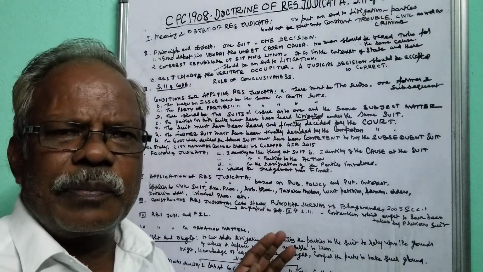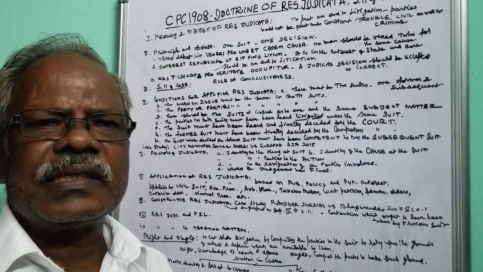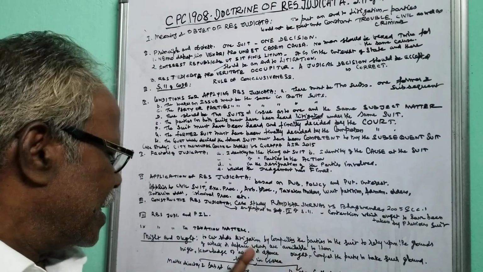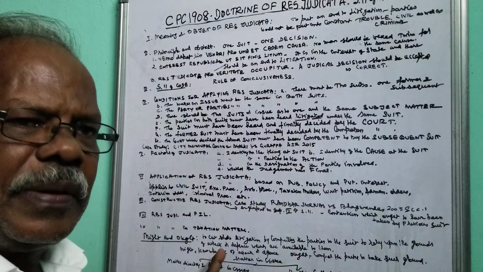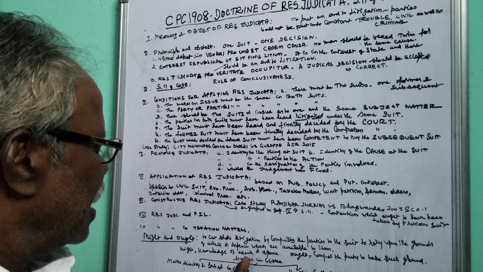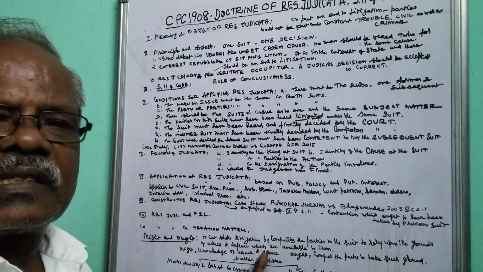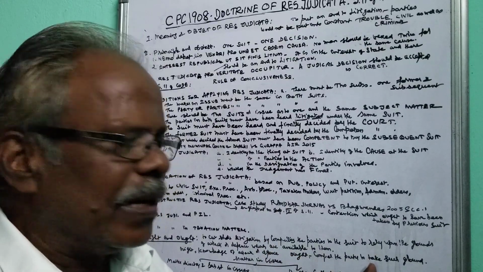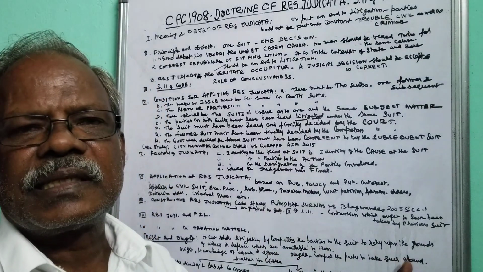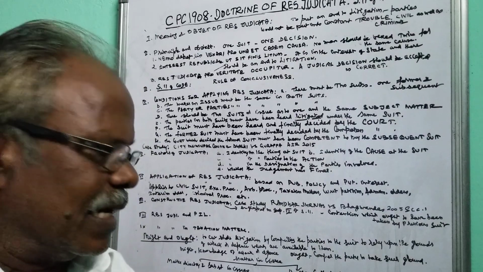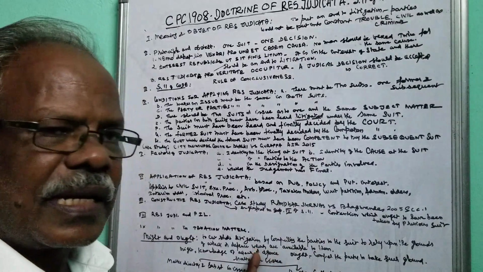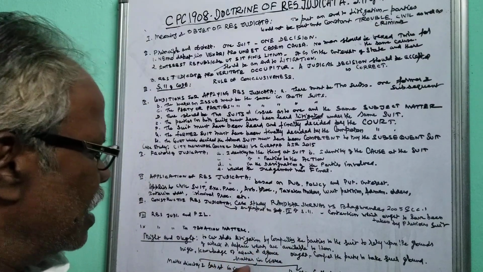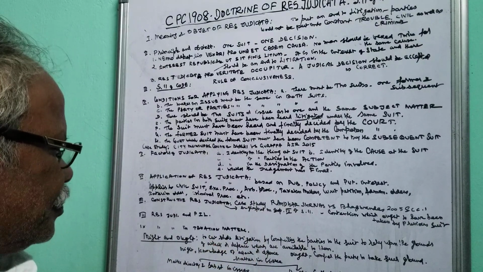So it depends upon the attack or defense available to the parties. Might means the knowledge of attack or defense, and ought means compelling the party to take such a ground, either attack or defense. That is the might and ought.